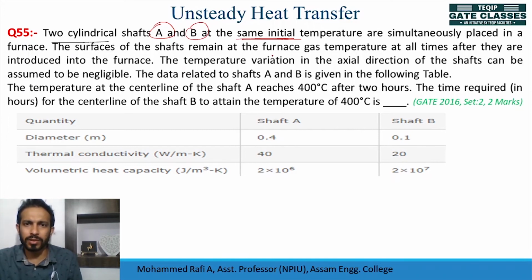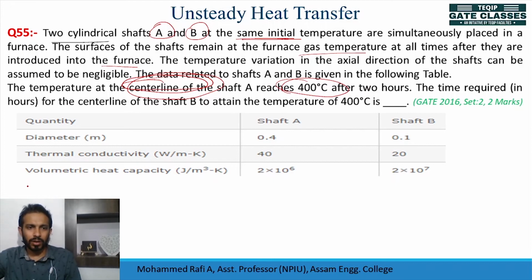The surface of the furnace gas temperature remains constant at all times after they are introduced into the furnace. The temperature variation in the axial direction of the shaft can be assumed to be negligible. Data is given: the temperature at the center line of shaft A reaches 400 after 2 hours.